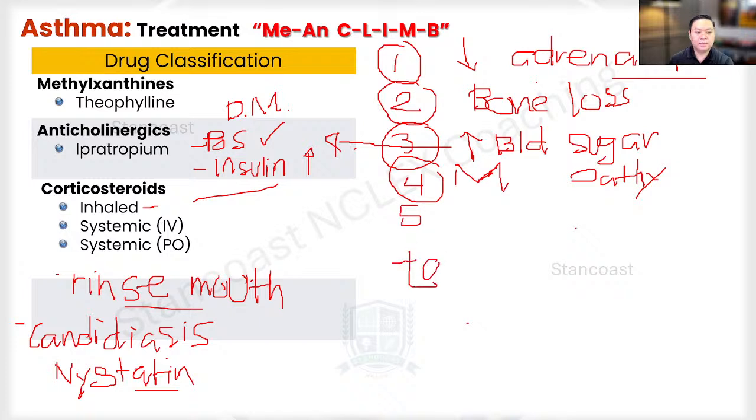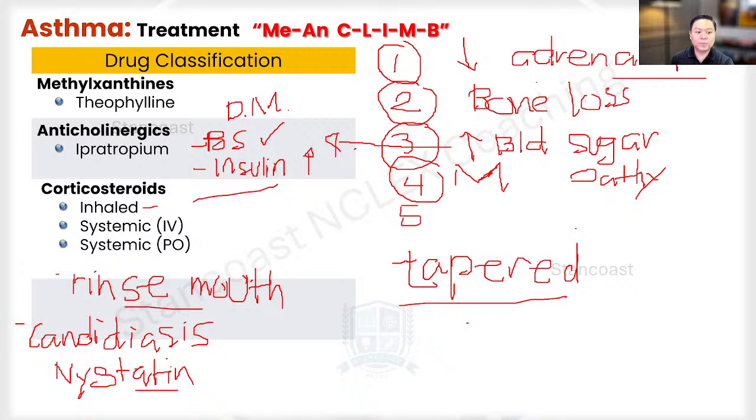Okay, so if you are the nurse taking care of this patient and you're responsible for doing the discharge teaching when you are sending the patient home, or to a nursing home, or assisted living, you have to check the dosing of the steroid. Make sure that this is going to be tapered before it's discontinued.